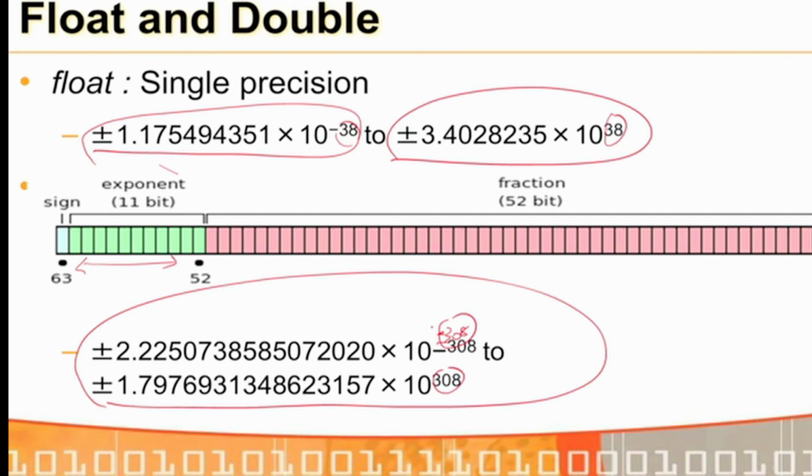So this is how single precision and double precision floating point numbers are actually represented. Fair enough? Are you able to follow?